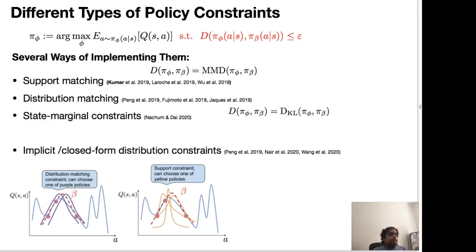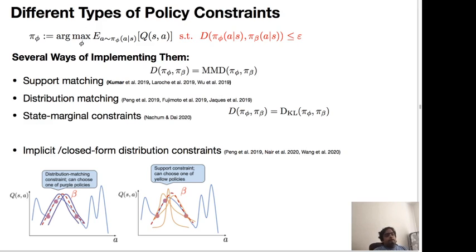That will give you behavior like the one shown on the left part of the figure, where the purple policies are feasible policies for pi phi, because they are close to pi beta in the density function space. So the density function as a whole should be close to the density function of pi beta. Unlike the support constraint, where the density function need not be close, except that the support set needs to be contained in the support set of the behavior policy.